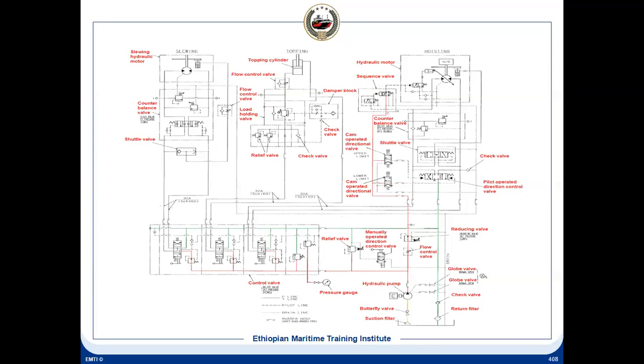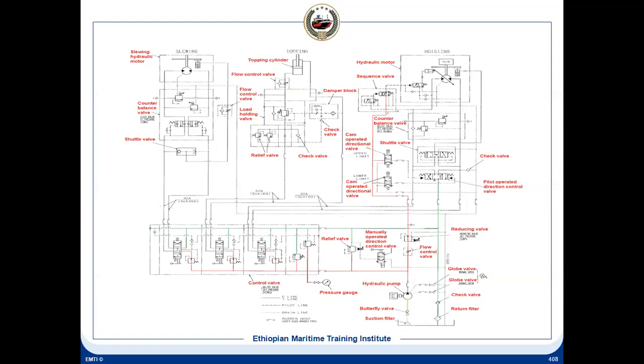So there will be a hydraulic system, because crane lifts high pressure, high load. So you can have the hydraulic system which will be driving. It can be electro-hydraulic, it can be electronic hydraulic, like the crane which you have got for the container vessel.